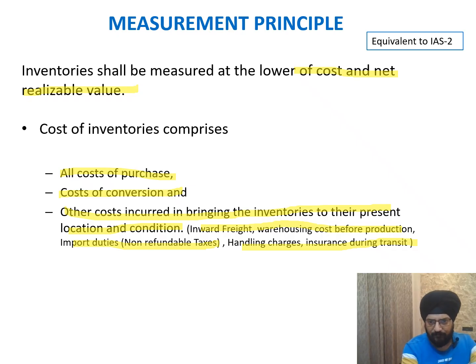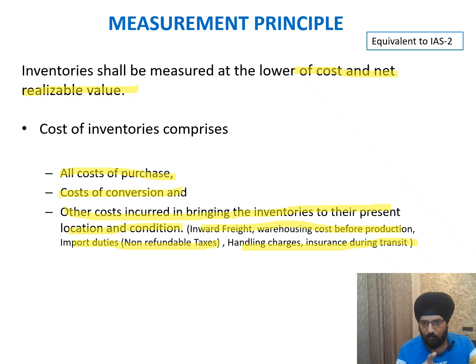Which means that if we have incurred some transportation to bring that inventory to a factory before it can be set into the manufacturing unit within the factory, that cost is also part of my inventory. If we have incurred some warehousing cost before the production, and that warehousing cost is necessary to make sure that we can start our production, or that's a prerequisite to the production, those are included.